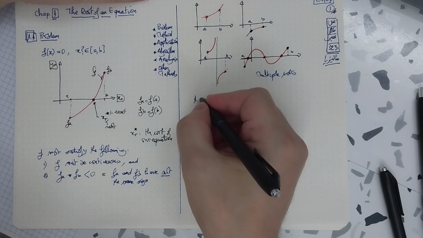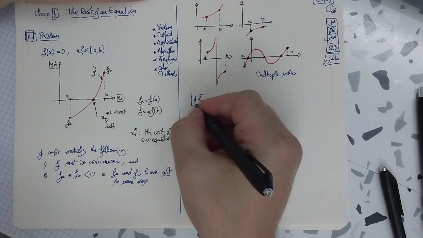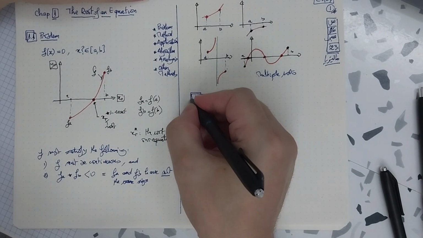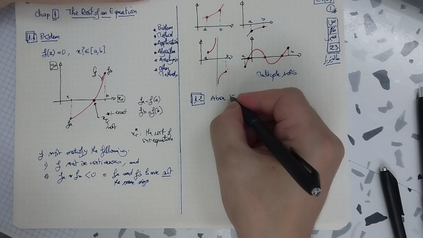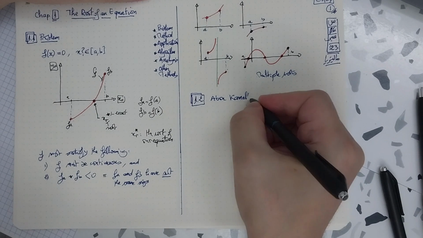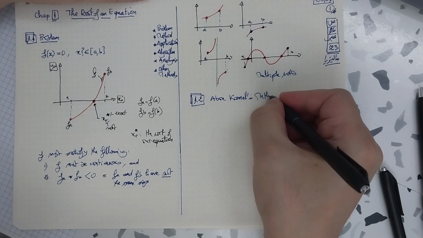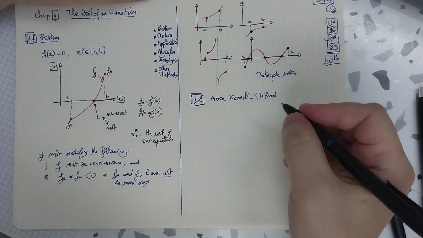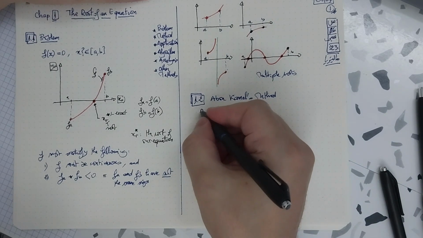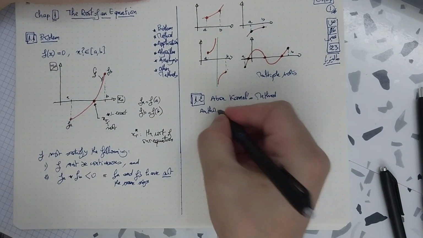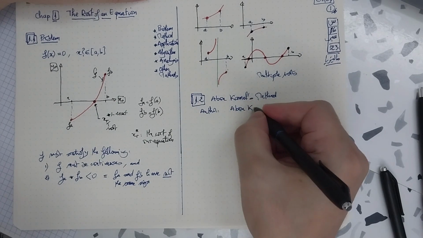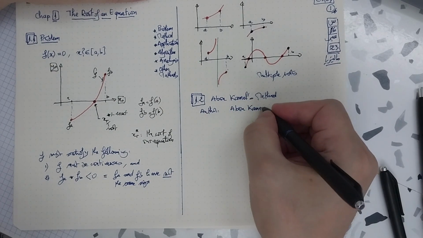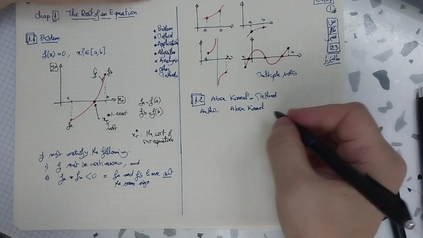Now let's see the method. So chapter 1, second section, Abou Kamel's method. So the author is Abou Kamel. Abou Kamel al-Misri.